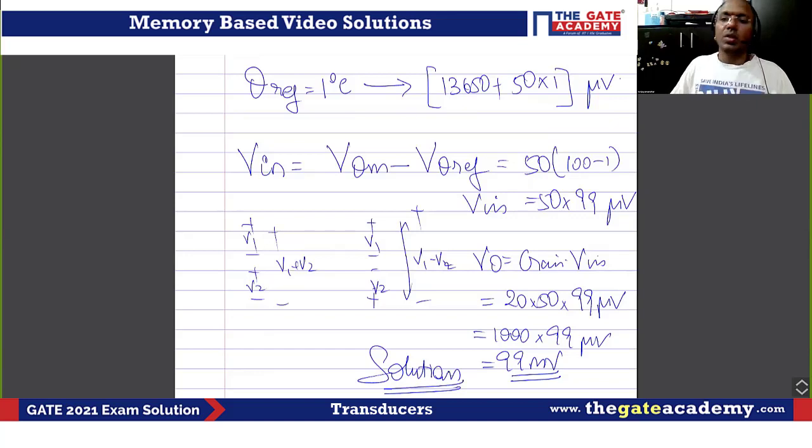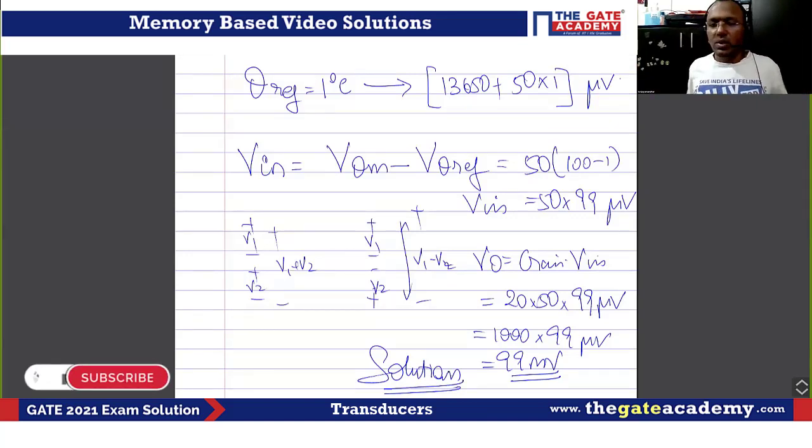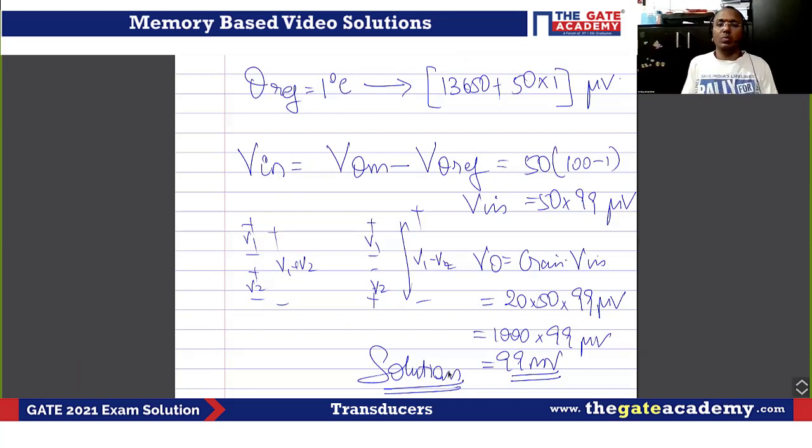So this is the solution. Students, one small disclaimer I would like to say here. These are the questions we are getting from GATE 2021, based on the memory of the people who have written the exam. So I think the values are almost correct, but conceptually the question is 100% correct. The values may be a little bit different here and there.